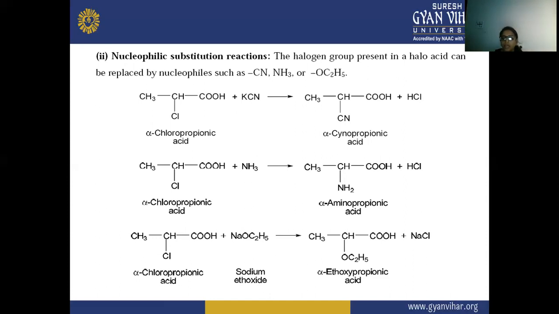And the H which is removed from here will react with the Cl to form HCl. So alpha amino propanoic acid is formed from alpha chloropropanoic acid by the treatment with ammonia.